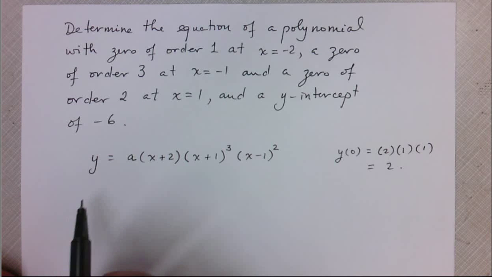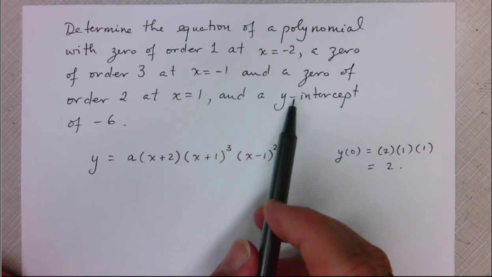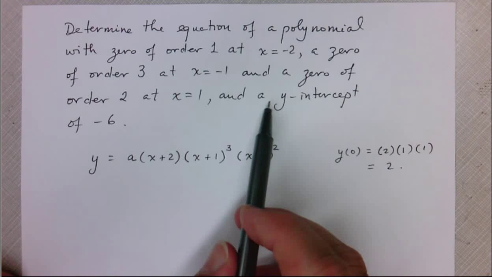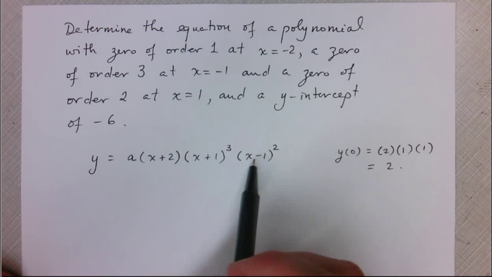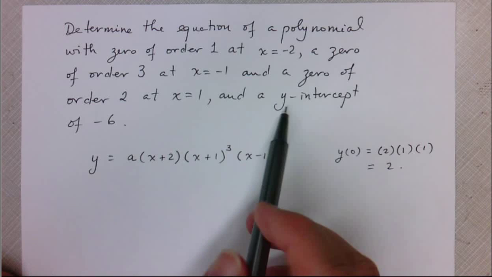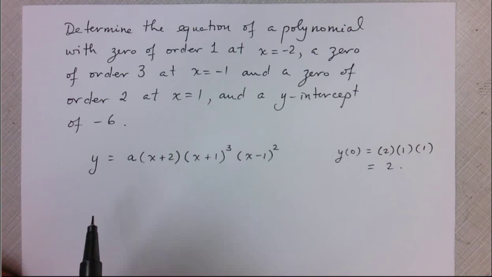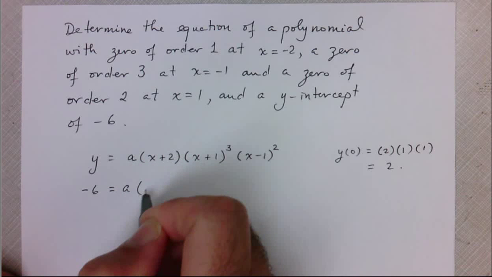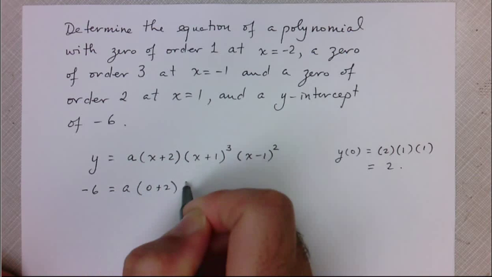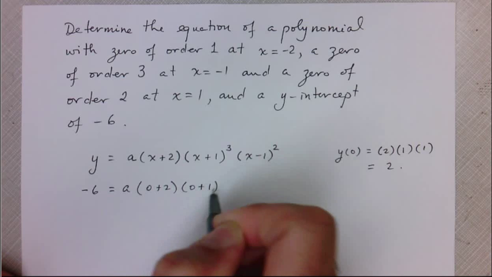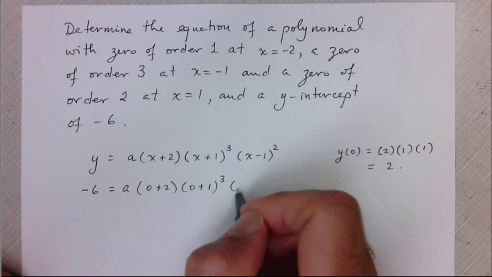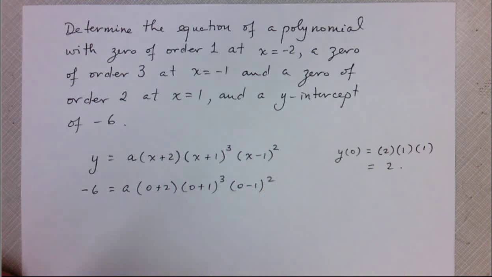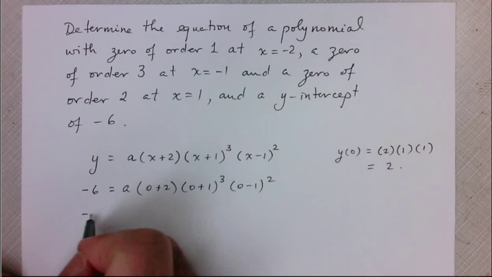I've included all the information regarding the zeros, so I just have to input my piece of information relating to the y-intercept. The y-intercept is -6 when x is equal to 0, and what I have is a nice, easy equation to solve for a.